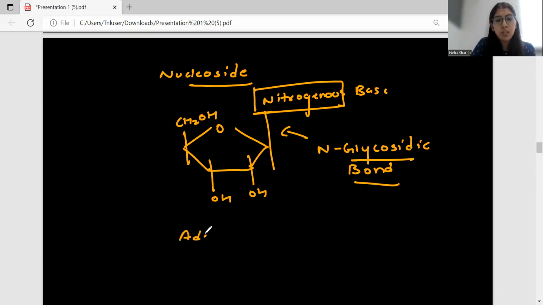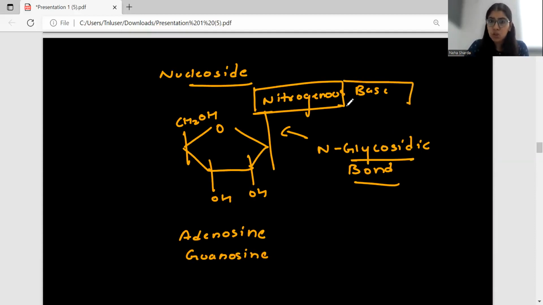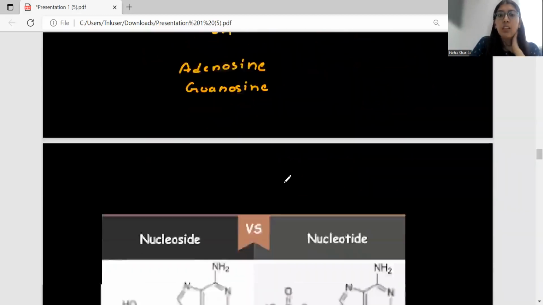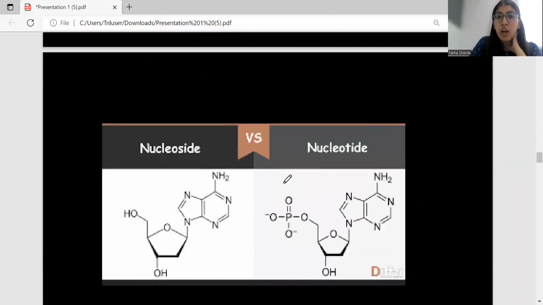For example, adenosine, guanosine, cytidine, if adenine is present here, if guanine is present here. So the nitrogenous base will form a bond with carbon number 1. Nucleoside will form. Now, to this nucleoside, a phosphate is attached. Nucleoside is pentose sugar and nitrogenous base.